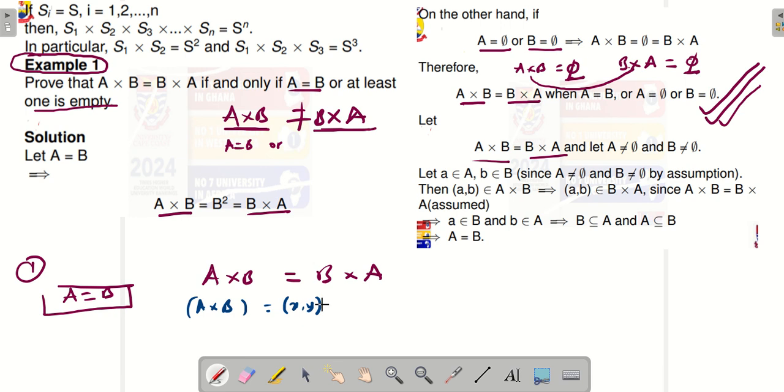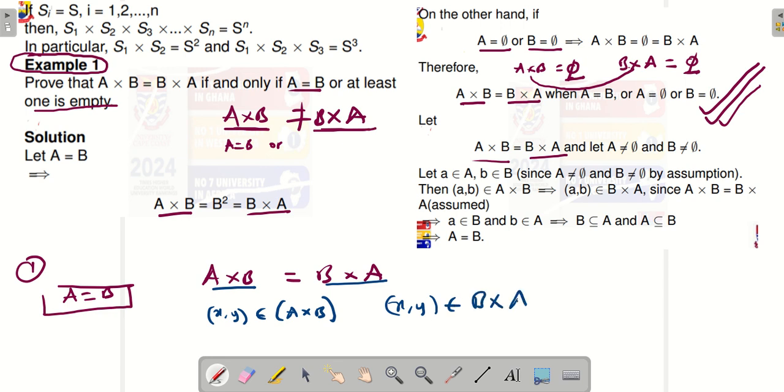What it means is that we are assuming that xy belongs to the set A cross B. So let me put it this way: this ordered pair xy belongs to the cross product, or the Cartesian product, of A and B. Now, because A cross B is the same as B cross A, we can also say that that same xy must also belong to B cross A.